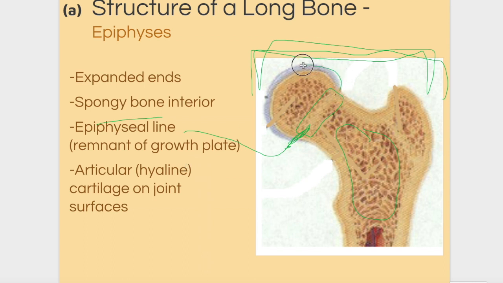The other distinguishing feature of our epiphysis is the articular cartilage, which is made up of hyaline cartilage.